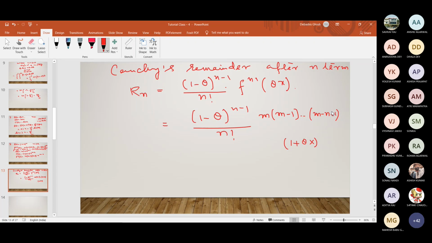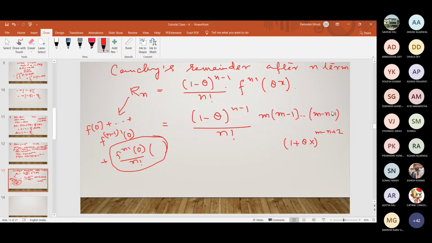If you start from f of 0 up to f n minus 1 dashed 0, the next term will be f to the power n dashed 0 by n factorial, along with the sum term in the case of Cauchy. So that comes to n factorial, whole to the power m minus n plus 2.